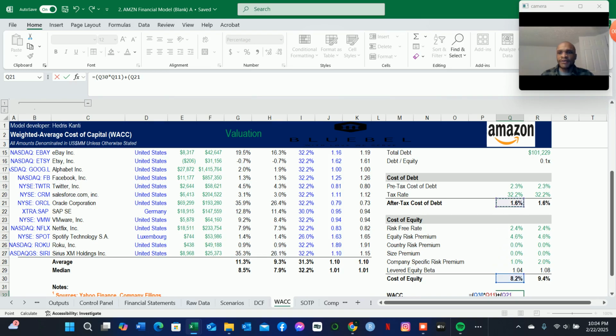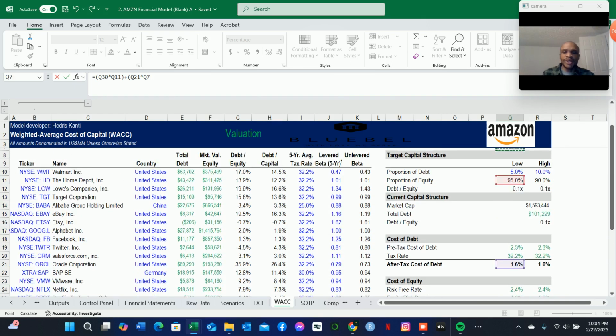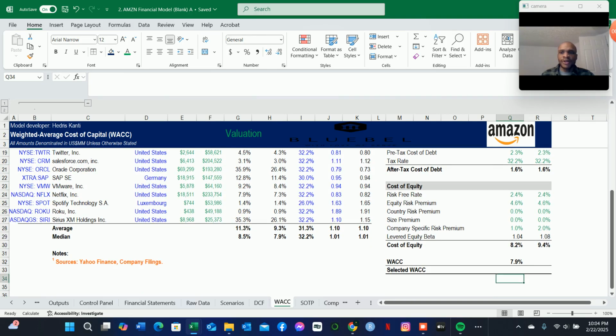In this case, we take the after-tax cost of debt and multiply that by its proportion of the total capital here. That is the weight. We can close that, and that is our formula for the WACC. And we can fill this right with Control R.